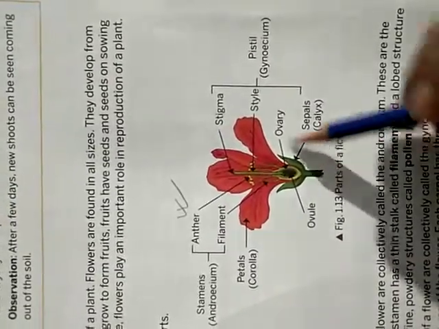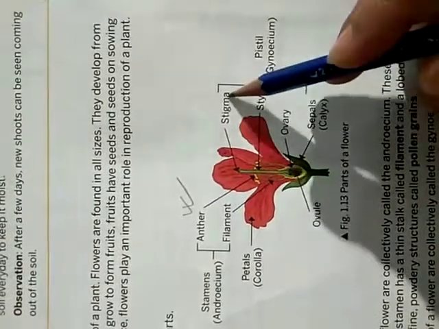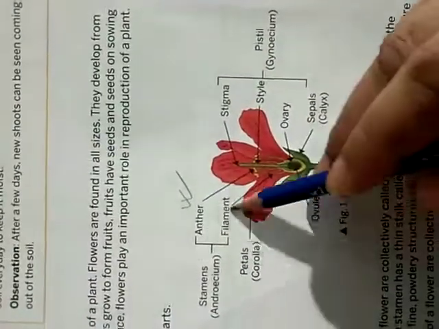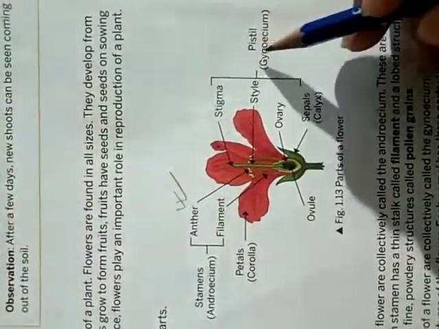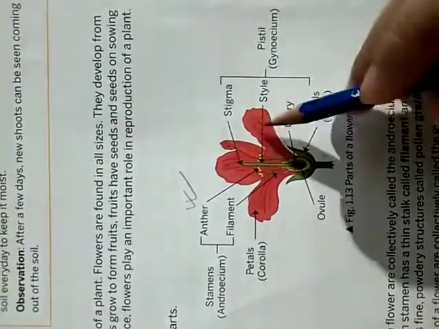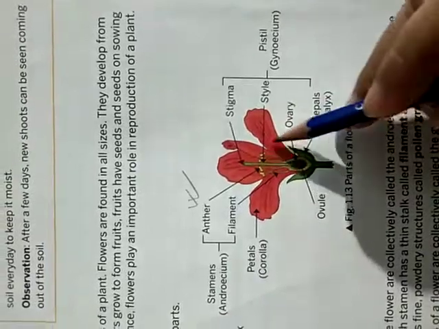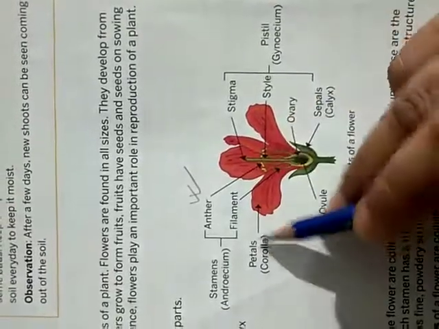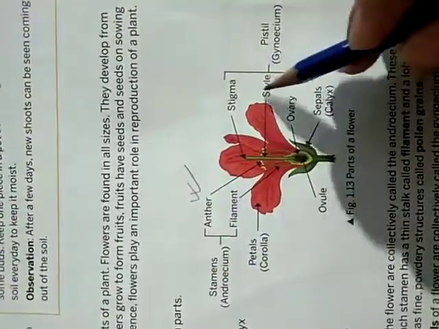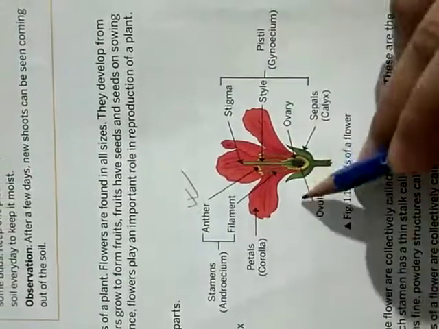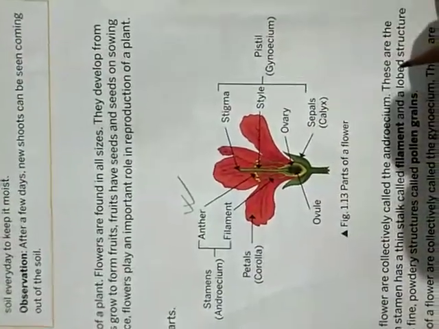You can draw and you can label it. You can skip the coloring if you want to. Coloring is not mandatory, but labeling is to be done as it is. All can practice the diagram in your notebook.